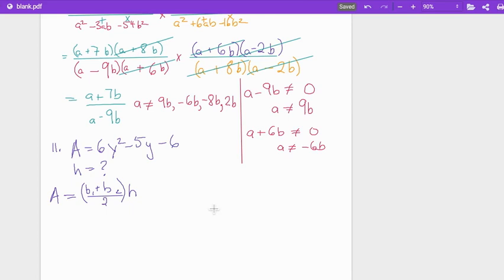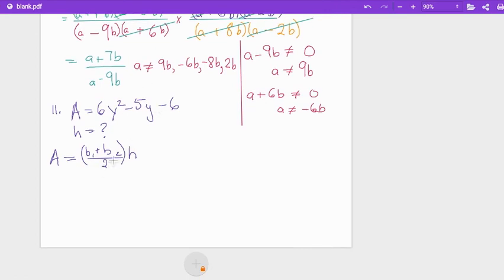I'm going to do some algebra to isolate the height before I substitute any values. So I'll do it one step at a time. The opposite of divided by 2 is multiplying both sides by 2. That gets me 2a, these cancel, equals b1 plus b2 times height.